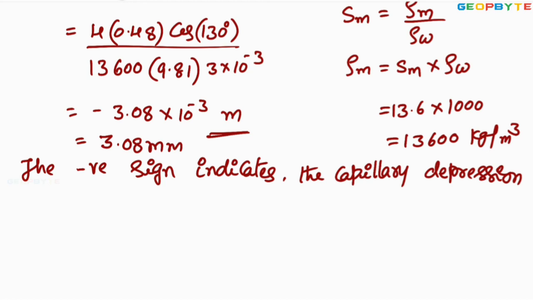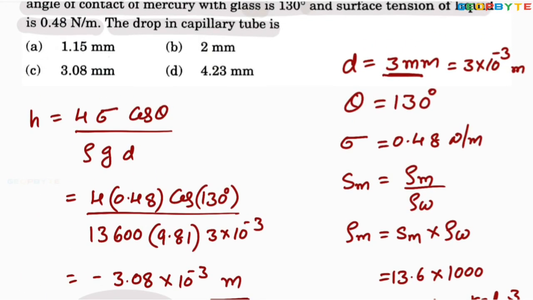He is asking capillary drop, which means capillary depression. To get from meter to mm, as we know, 1 meter equal to 10 power 3 mm, so we multiply with 10 power 3. Then the answer is 3.08 mm. Look at the options. Option C is 3.08 mm. Therefore, option C is correct. I hope you got my point.